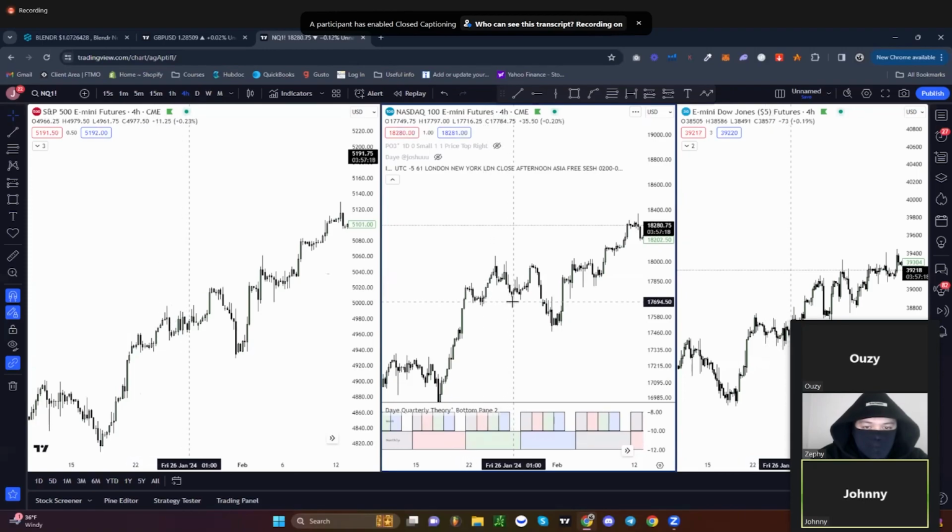Yeah, so YM, wait, I'm kind of lost here. YM made lower lows while NQ and ES are making higher lows. Wait, this is in quarter 2 though, but you're getting an SMT divergence between quarter 2 and quarter 4 of the weekly cycle.